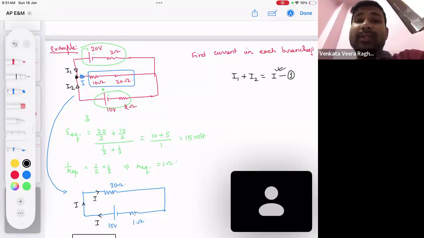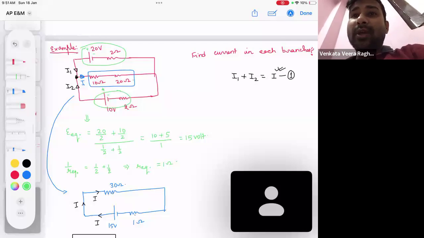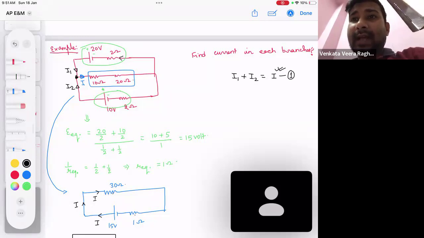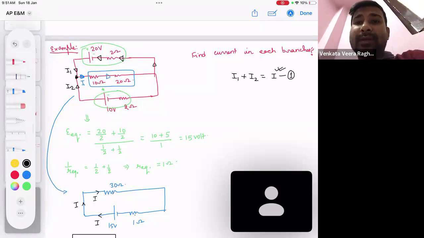So one more equation. From where will I write one more equation? Can I apply the loop law? Please tell me. Clear? So now I am going to apply the loop law in this question.